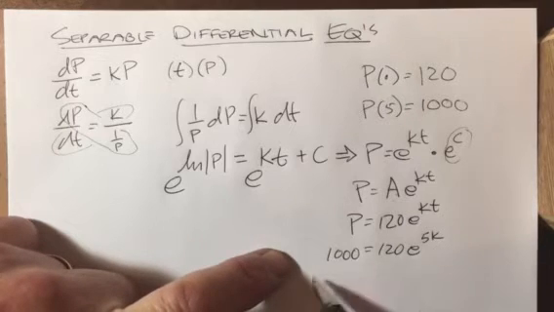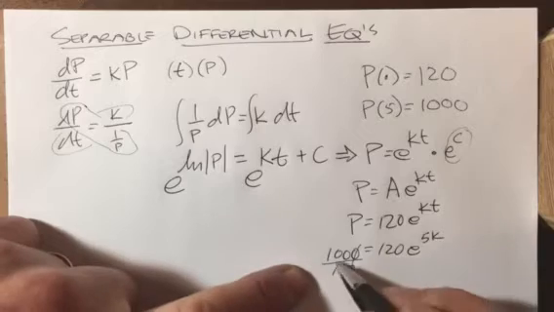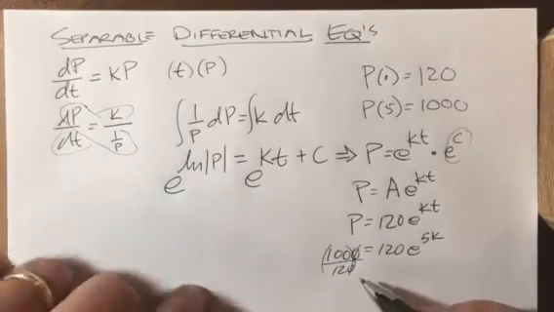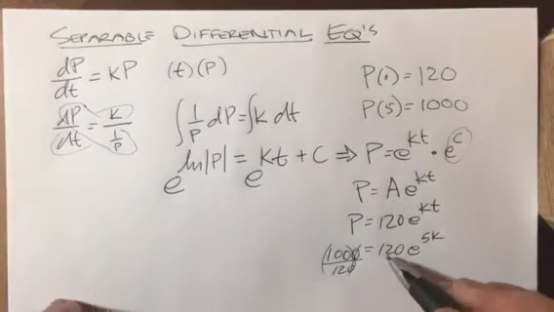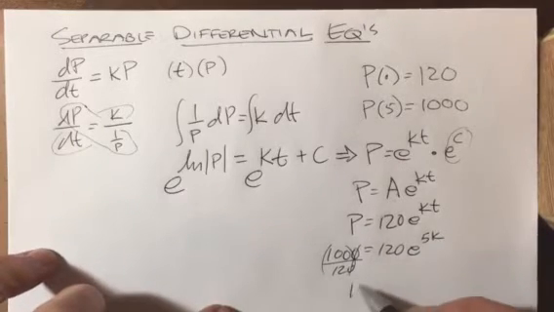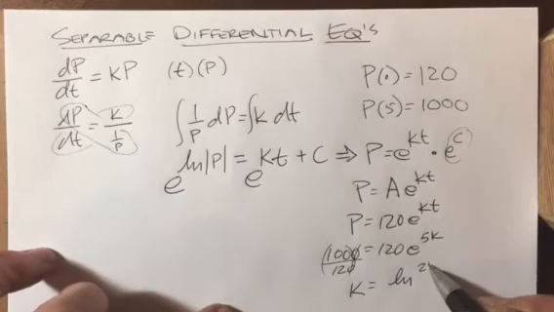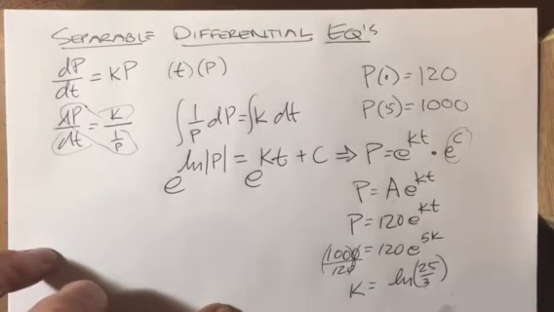I divide by 120, cancel a 0. I could simplify that to 50 over 6 or 25 over 3, and then take the ln of both sides, and I'll see that k is equal to the ln of 25 over 3, divided by 5. Okay? And then that would give us our growth.